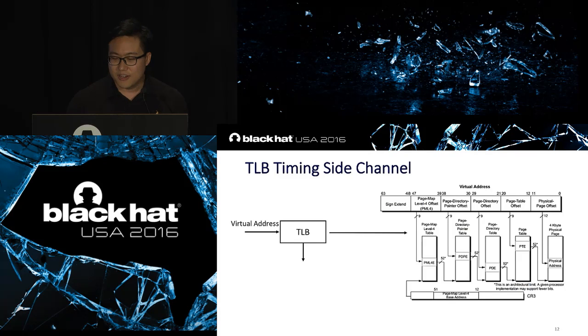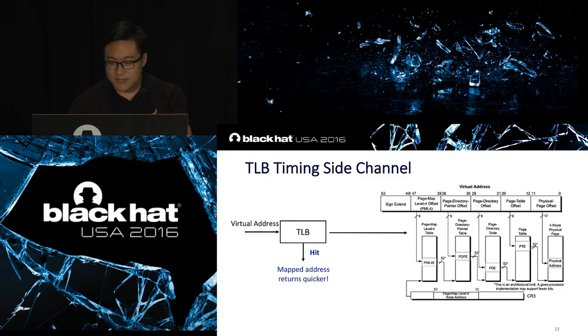The caching here creates a fast and slow path that can be exploited as a timing channel. For example, if a mapped address generated a page fault, the processor translates the address and caches it in the TLB first. So on the second access, it will be a TLB hit, so the mapped address gets the page fault more quickly than the unmapped page.